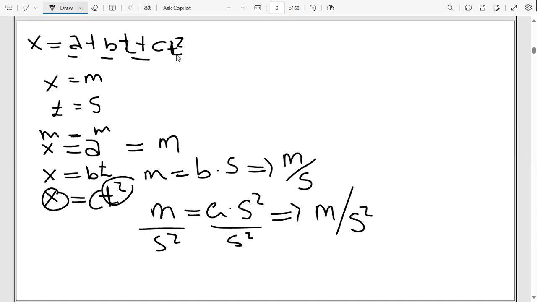We've related a to m, bt to m, and ct squared to m, of which m here is just representing x, which is on the left hand side. So the actual units for c, since they only asked for c, we're going to say c is equal to meters per second squared, just like that. And we've answered question 6.